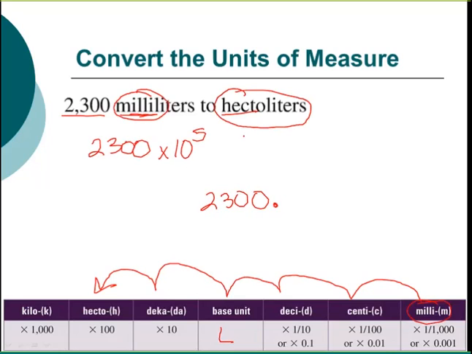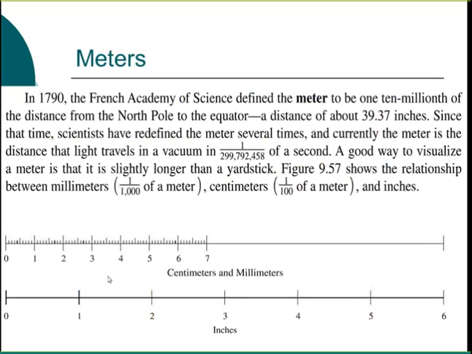So we're taking this and we're moving it 1, 2, 3, 4, 5 places to the left, because this is a small part of a hectoliter. We have to fill it in with a 0. So what we'll see is that this is our equivalent from milliliters to hectoliters. The whole bottom line is you move it over as many places as the chart tells you to move it over from one to the next.